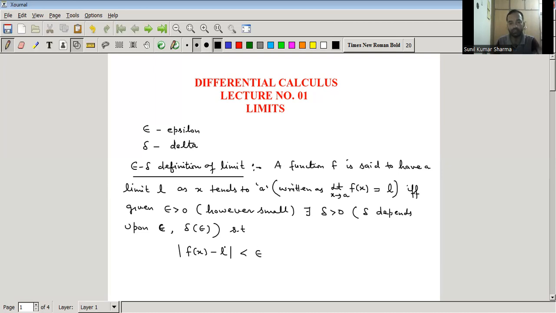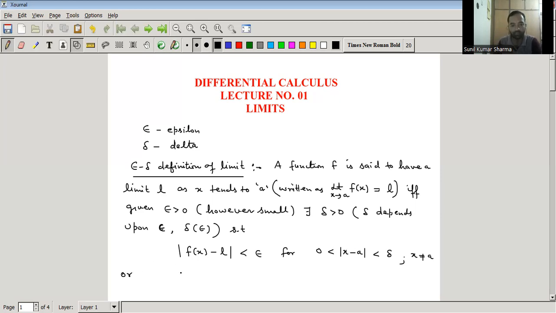So it is the estimate of f(x) and L. So mod of f(x) minus L is less than epsilon for mod x minus a greater than 0 and less than delta. It means x is not equal to a, because if x equals a, then it is 0, and 0 greater than 0 is not possible. So we are taking the deleted neighborhood of point a.